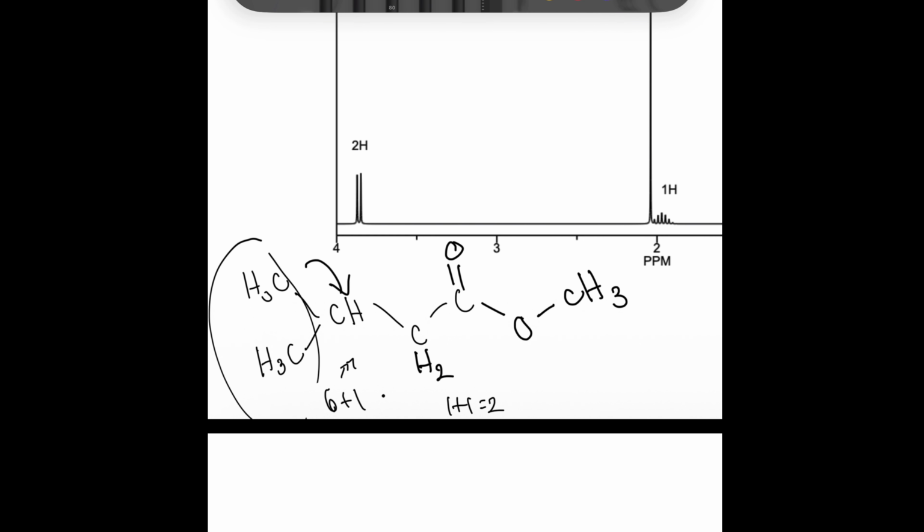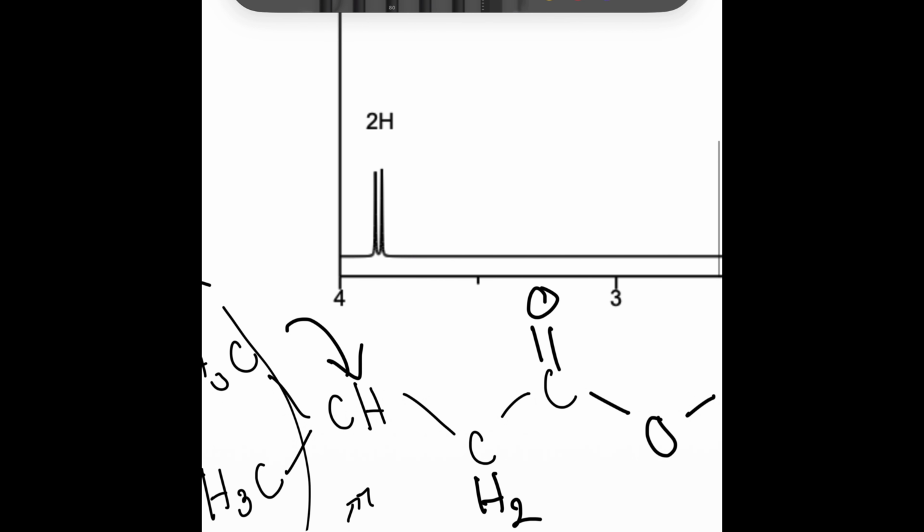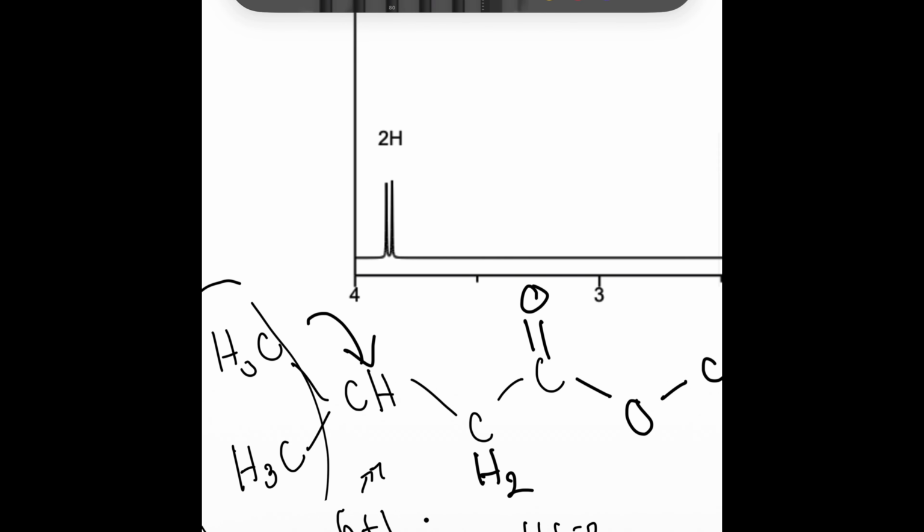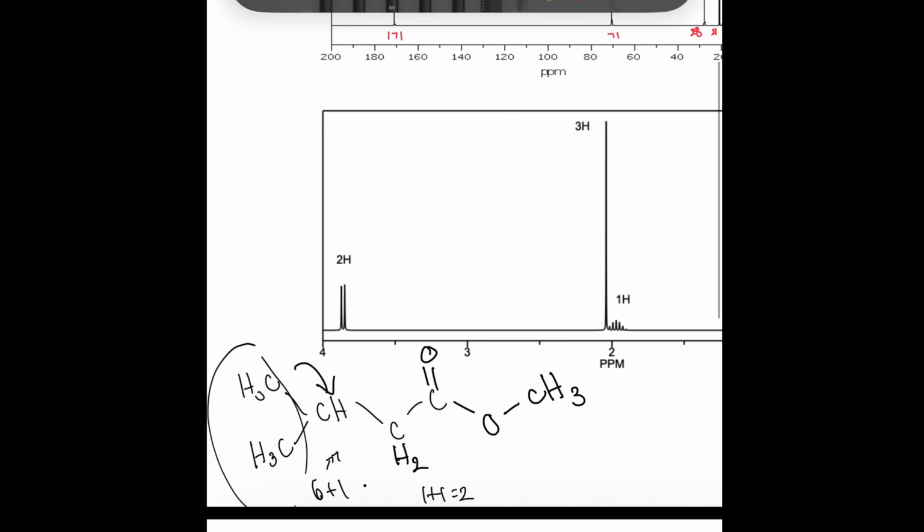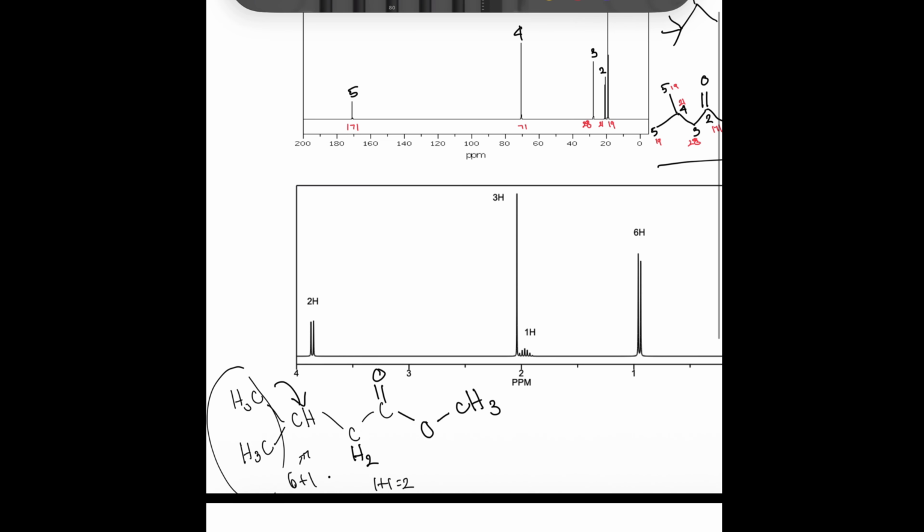But as we look at this 2H here, it is at a ppm of almost 4. In the structure we have, if this was the correct structure, this ppm value would be closer to this 2.4 range, but it is not. So in this case, we can determine that this is not the correct structure.